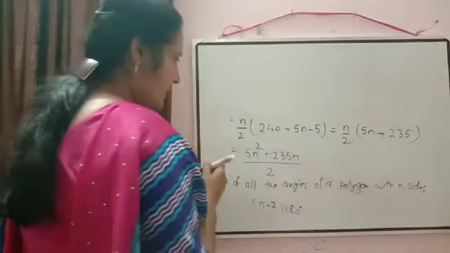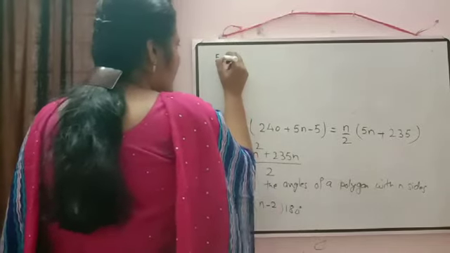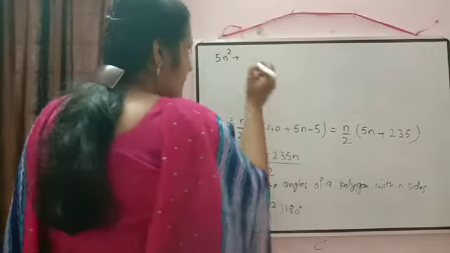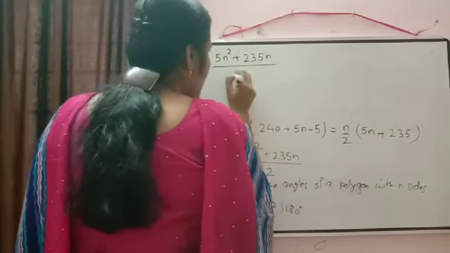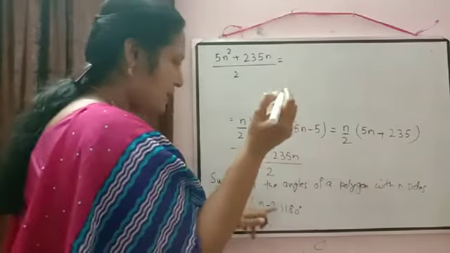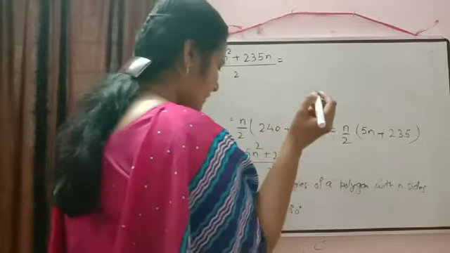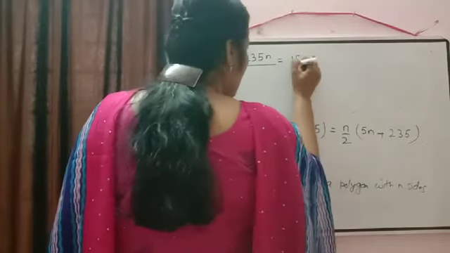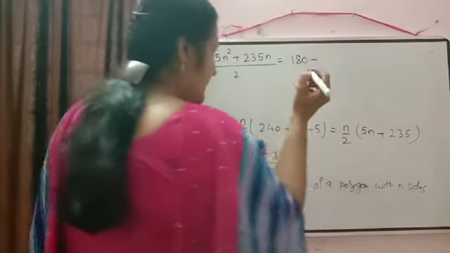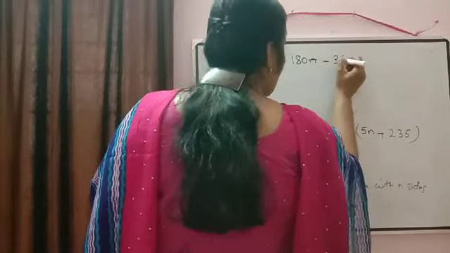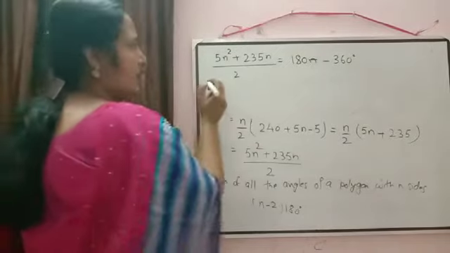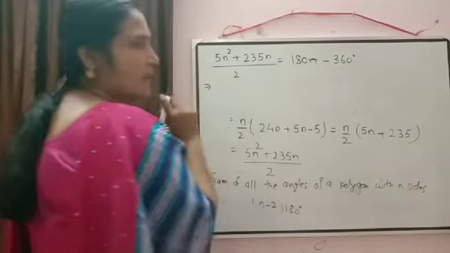Now it will be 5n square plus 235n by 2 is equal to n minus 2 into 180 degrees. Multiplying 180, it will be equal to 180n minus 180 into 2, which is 360 degrees. Now the 2 we can shift over.